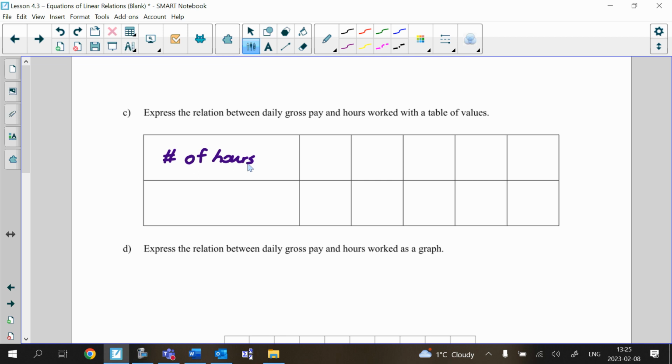That's actually going to be our independent variable. And our dependent variable is going to be gross pay, because the gross pay depends on how many hours she works. And we were already told the hours: Monday, Tuesday, Wednesday, Thursday, and Friday. So it says she worked 6 Monday, 8 Tuesday, 0 Wednesday, 4 on Thursday, and 5 on Friday.